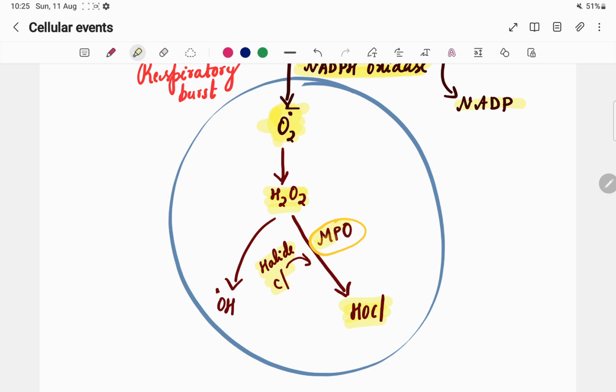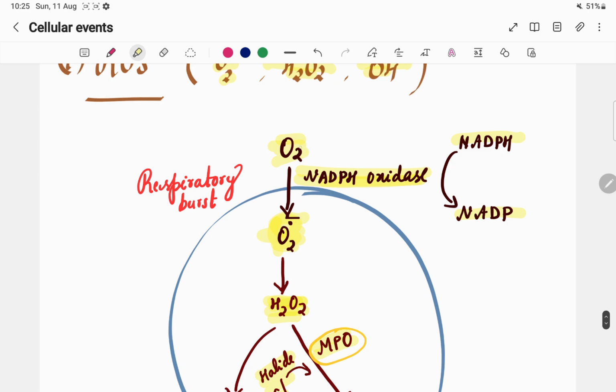Also, this H2O2 can be converted into the hydroxyl radical, which is a highly powerful destructive agent. So these 2 ways are there.